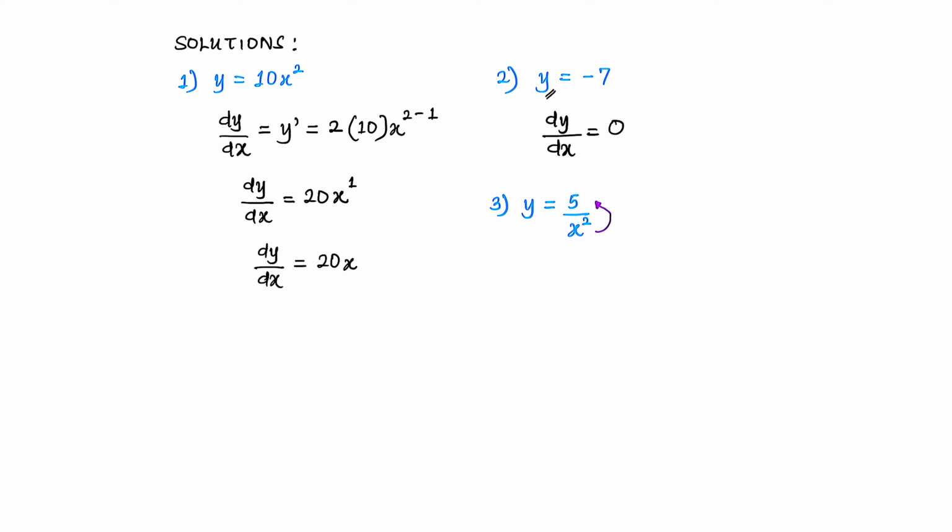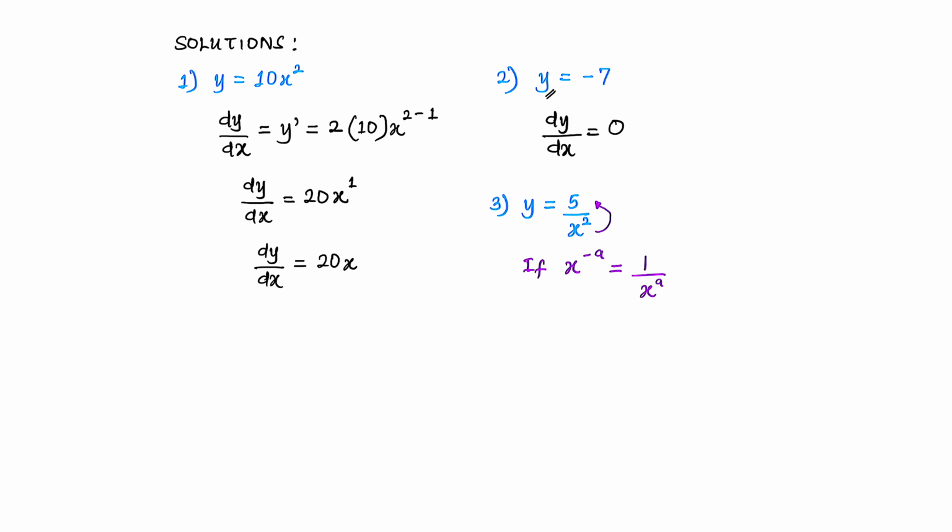Remember that we said if x is raised to power negative a, that means it is equal to 1 over x raised to power a. We learned how to take x raised to power negative a to 1 over x^a. So what we simply do in this situation is we simply do the reverse.